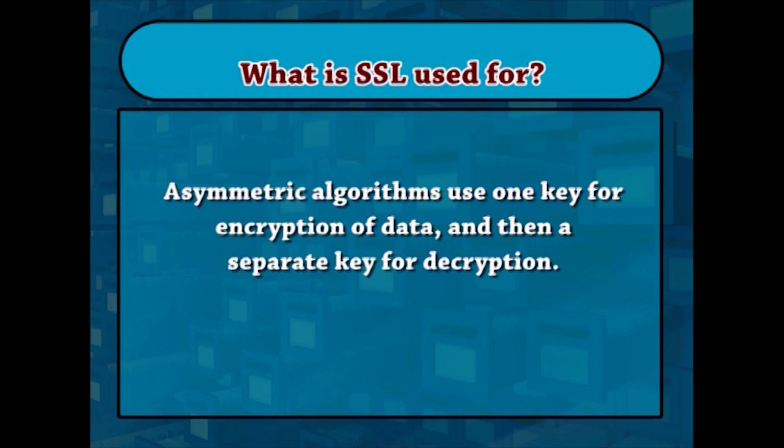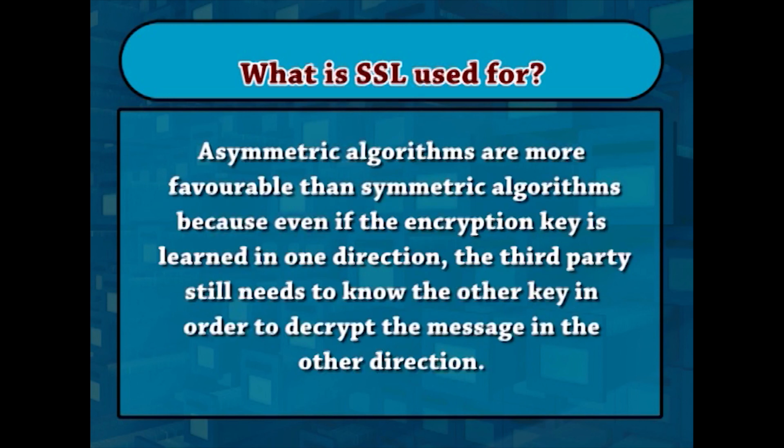Asymmetric algorithms use one key for encryption of data and then a separate key for decryption. Asymmetric algorithms are more favorable than symmetric algorithms because even if the encryption key is learned in one direction, the third party still needs to know the other key in order to decrypt the message in the other direction.